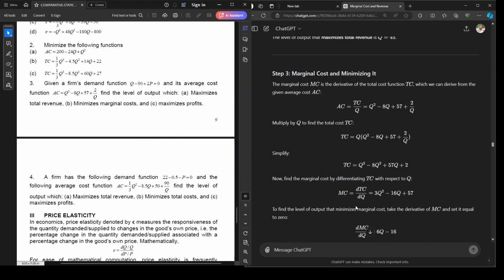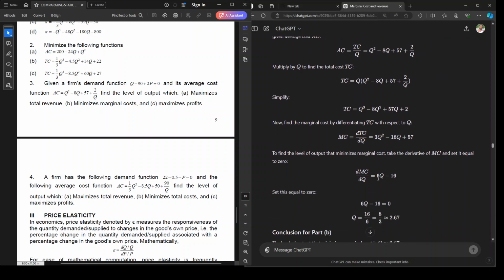And now we come to find the marginal cost. Now if we have TC, we can find MC by differentiating this whole thing. We know how to differentiate. This drops down, this comes here, this one remains the way it is. Then to find the level of output that maximizes this, take the derivative of MC and set it to 0.